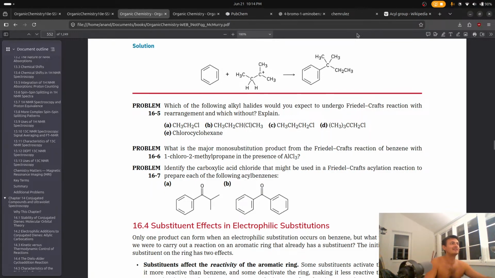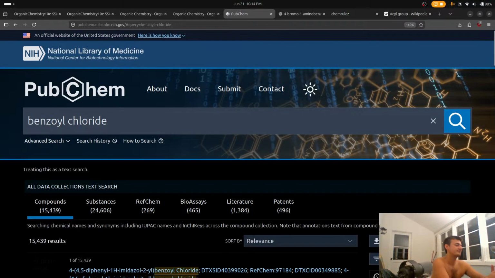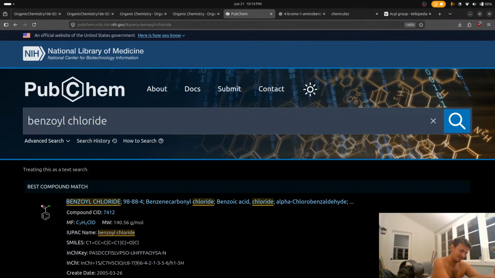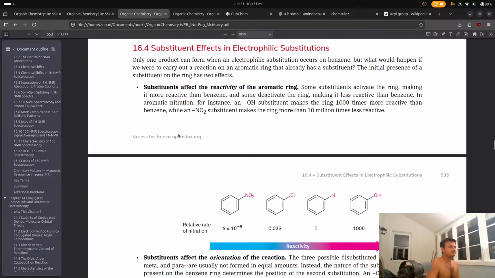Hold on, I think low-key I got it. Let's go. Benzoyl chloride. I don't remember the real name with the benzoyl thing, but I do think that is the right answer. Good stuff. Nice. Okay. Just gotta keep it moving.